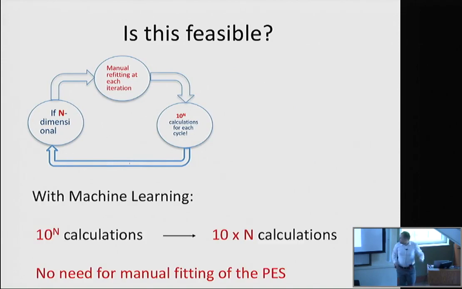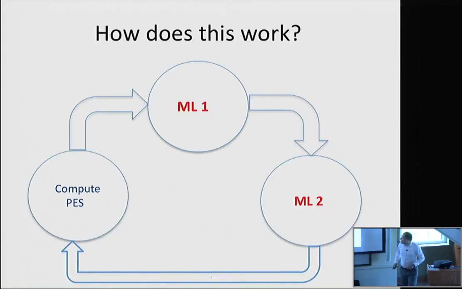So what I'm going to argue today is that with machine learning, you could, first of all, get away with not 10 to the n, but with 10 times n calculations. And there is no need for manual fitting of the potential surfaces. You will get those potential energy surfaces automatically. They would be produced by the machine learning algorithm automatically, so you don't have to even look at them. So how do we do that?